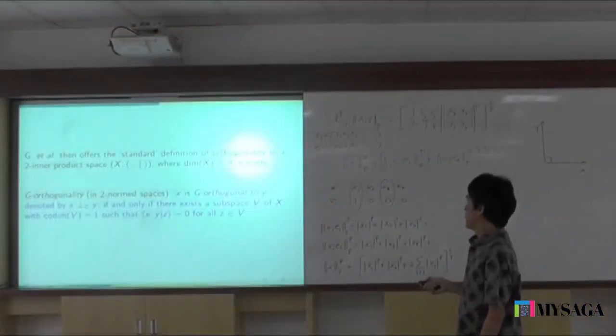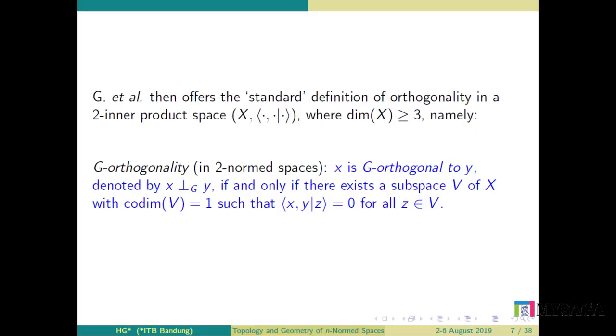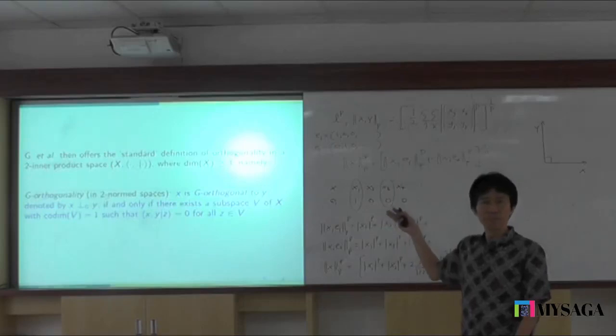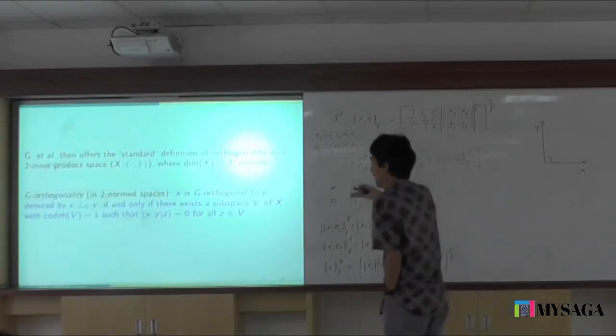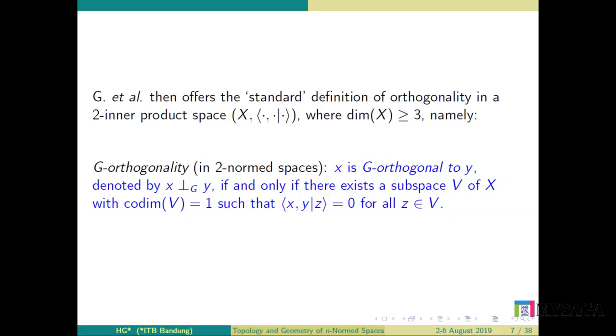So we define G-orthogonality. Again, this G doesn't have anything to do with my name. They called it G before I worked on this, right? So we define G-orthogonality in normed spaces as follows. So x is G-orthogonal to y, denoted by this, there is a small letter g, this is a capital letter, if and only if there exists a subspace V of codimension 1.